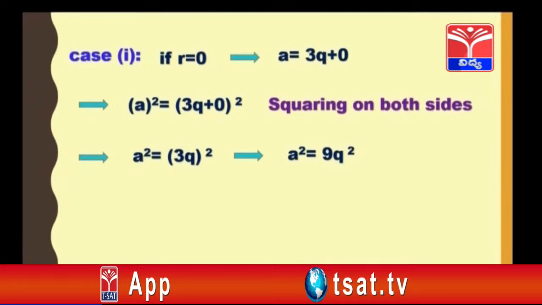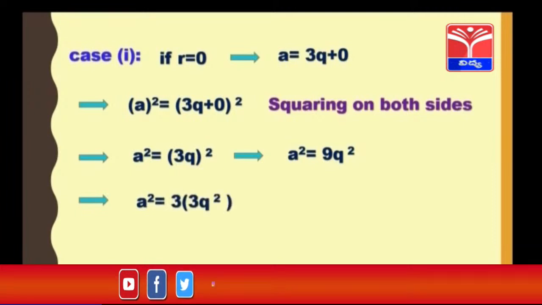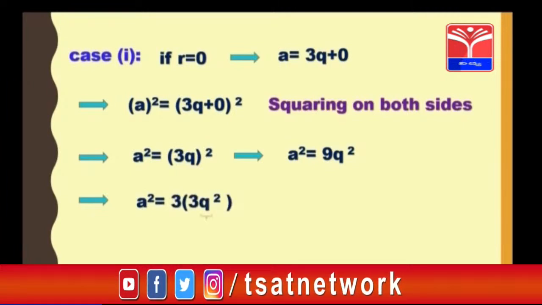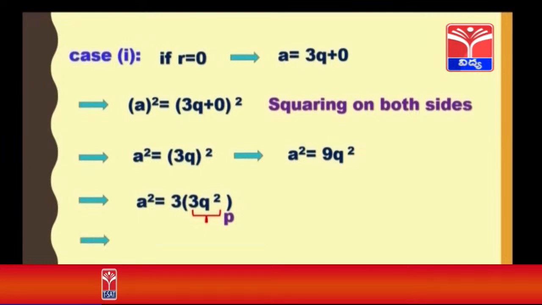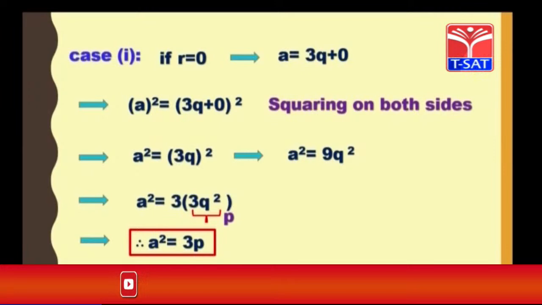So 9q square, I can adjust it like a square is equal to 3 into 3q square by taking 3 as common here, and 3q square I am considering as p. Then I can conclude this case 1 as a square is equal to 3p, where p is equal to 3q square.